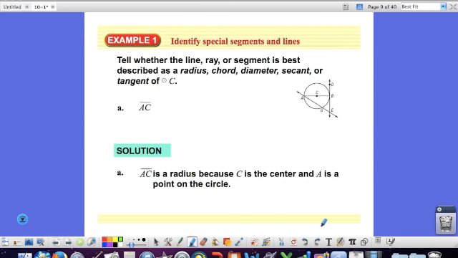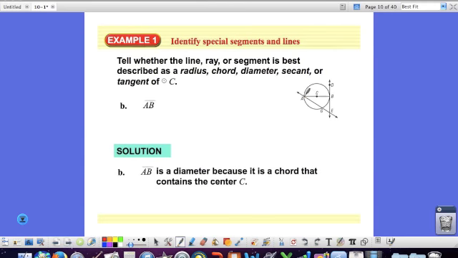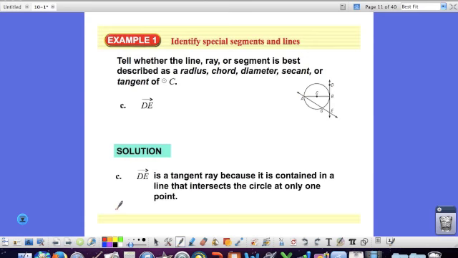We're now going to use what we've just learned to identify vocabulary. So if I look at A, segment AC, that's a radius. AB is a diameter.